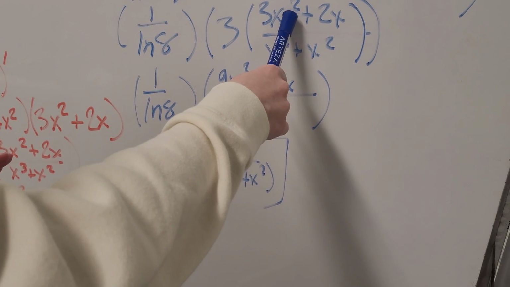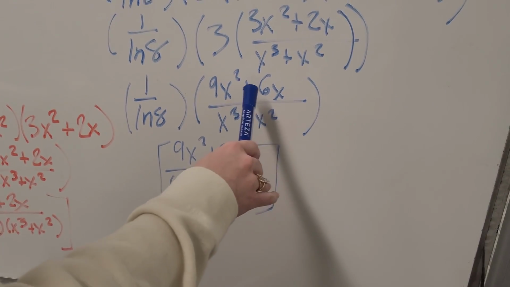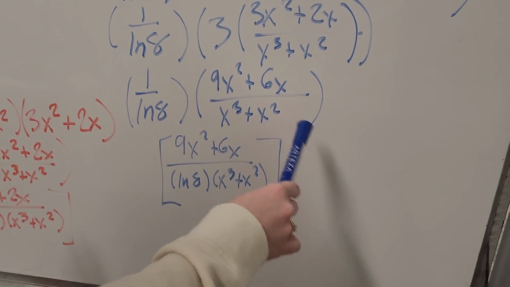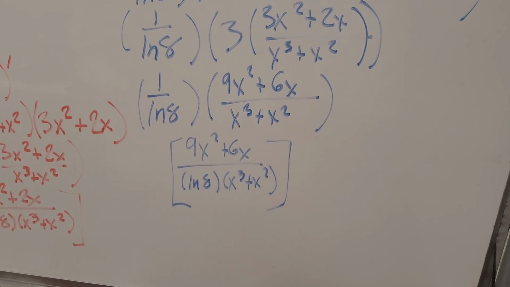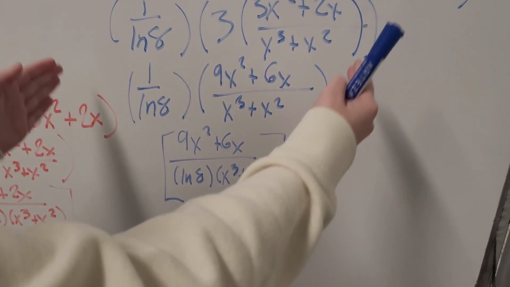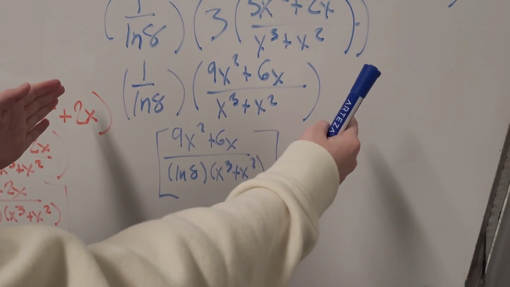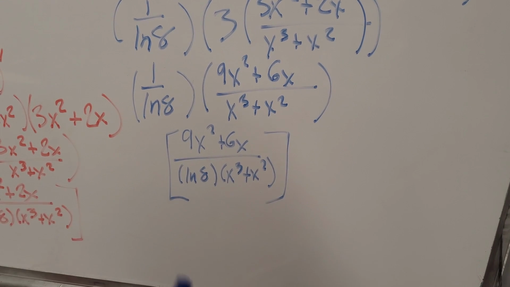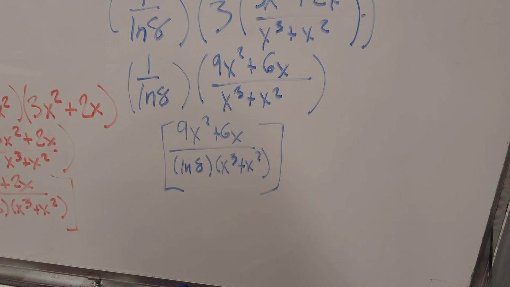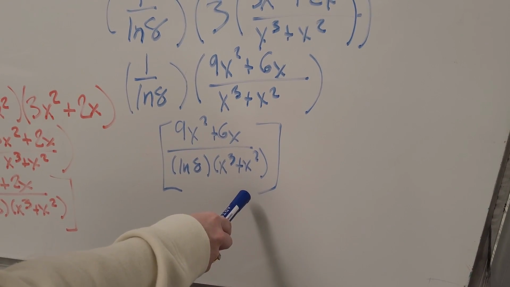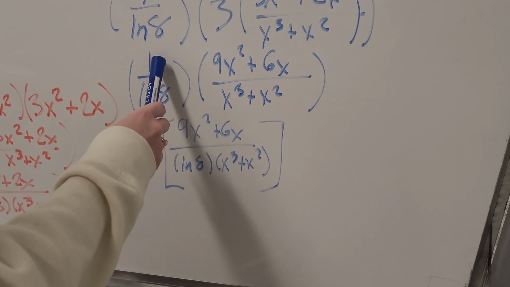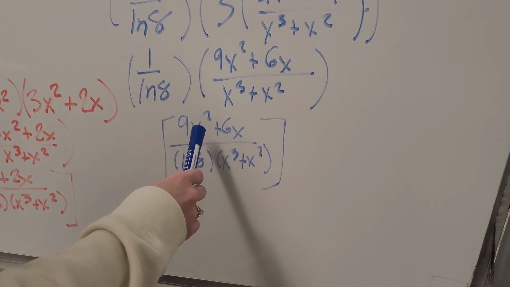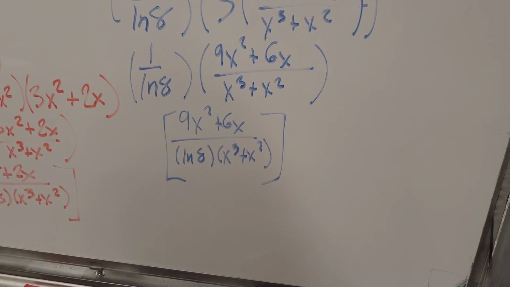You do not change the exponent at all, plus 6x, 3 times 2x, over x to the third plus x to the second. Now we finally do something with 1 over ln 8, and because, again, it cannot be multiplied, we keep it in a separate parentheses, and 1 times 9x to the second plus 6x is the same 9x to the second plus 6x.